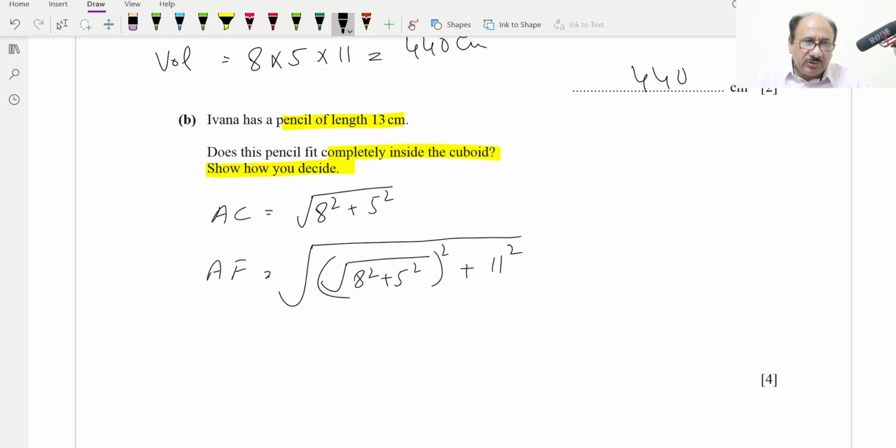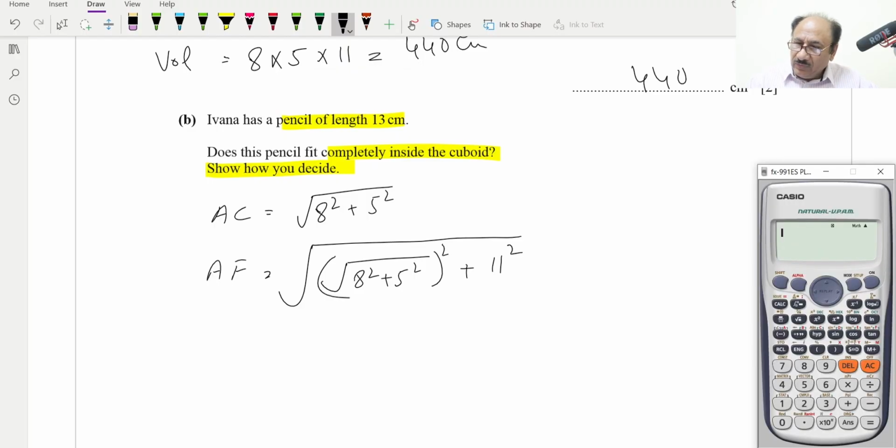Now we can calculate this portion. We calculate the square root of, in brackets, the square root of 8 squared plus 5 squared.